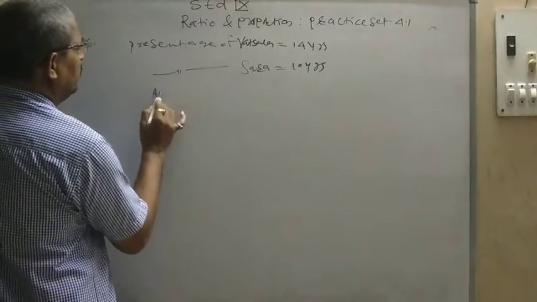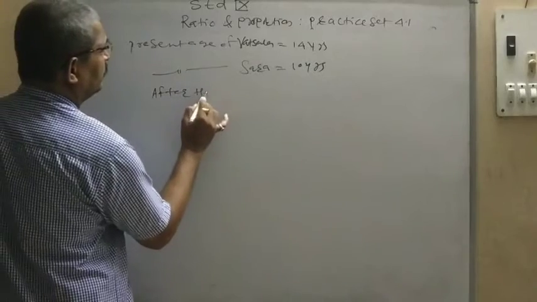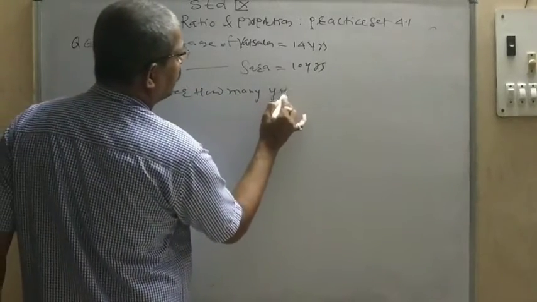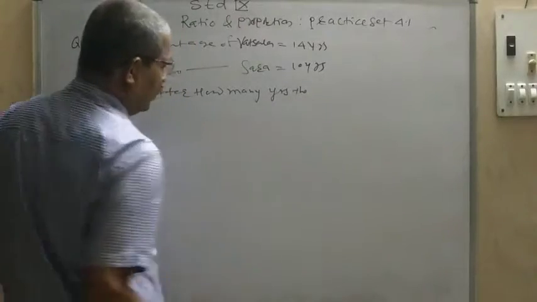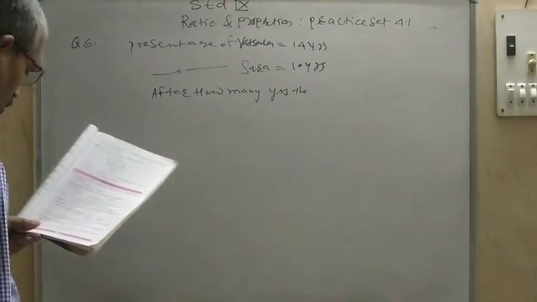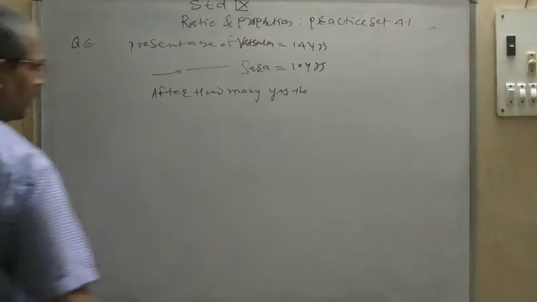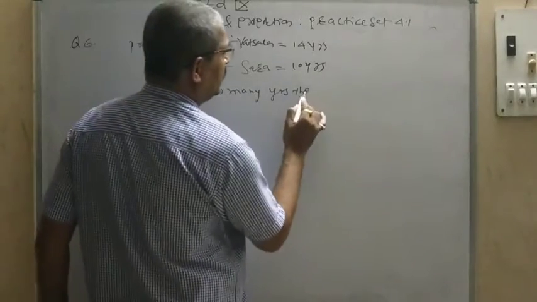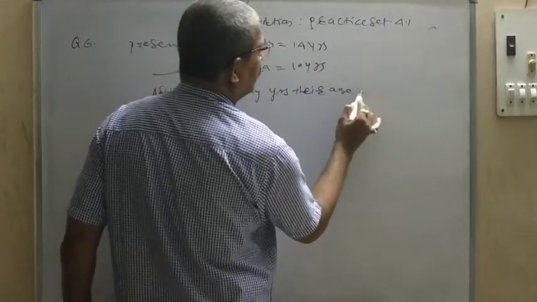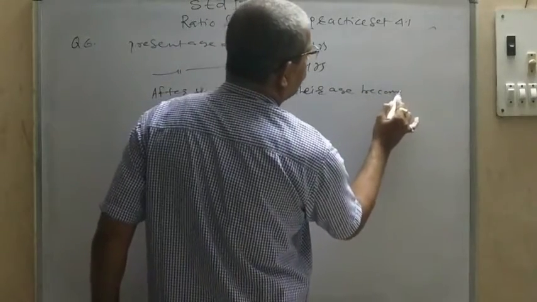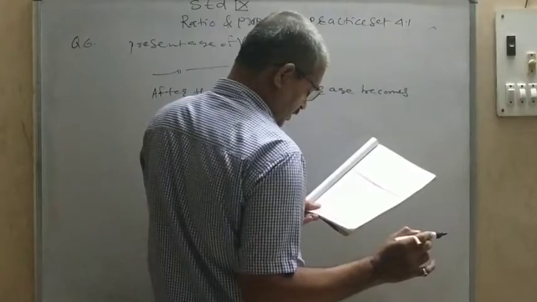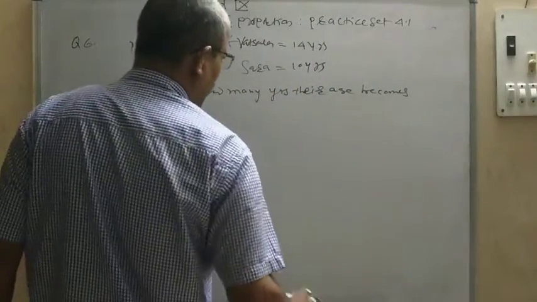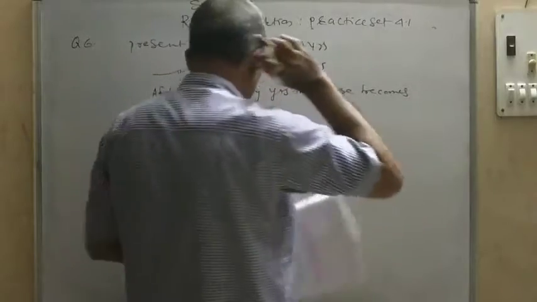What is asked? After how many years will the ratio of their ages become 5/4?